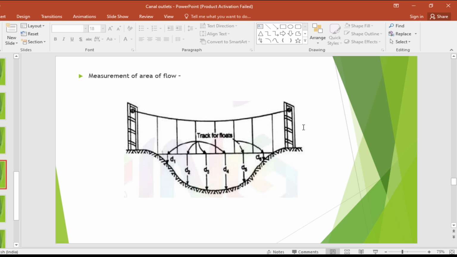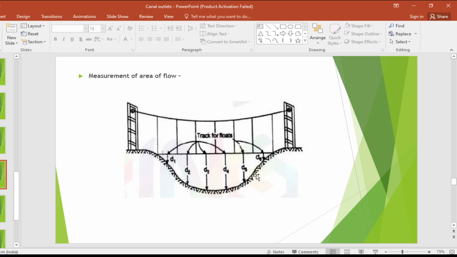Okay. Now the velocity, if we find out the velocity at particular sections. Suppose here d1 is there. Okay, then we are going to calculate the area. For d1 the area will be a1, and the velocity at this section is v1, velocity at this section v2, v3, v4, v5, v6.